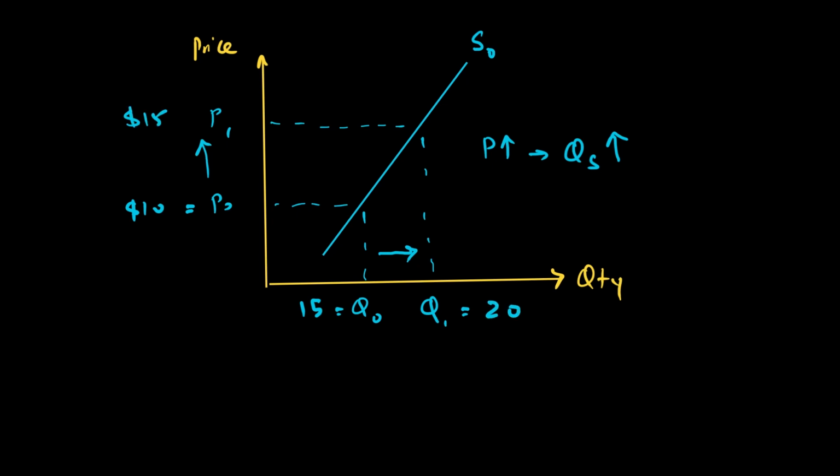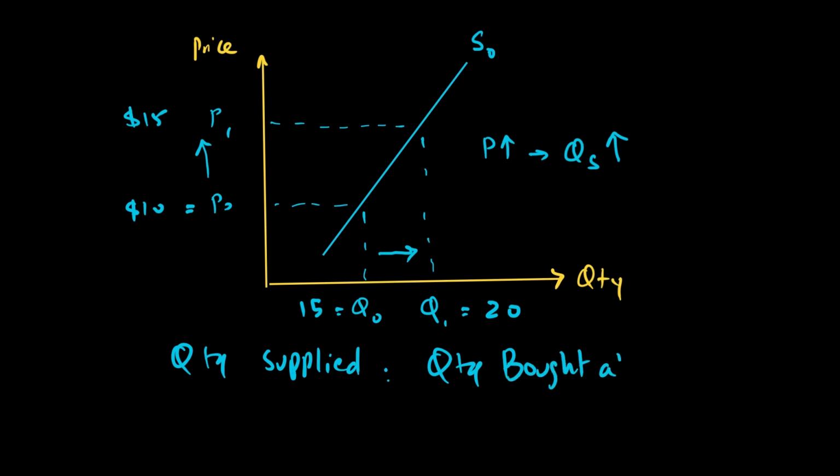So the quantity supplied at $10 is 15 units, and quantity supplied basically means quantity produced at a particular price. So that's the difference between supply versus quantity supplied.